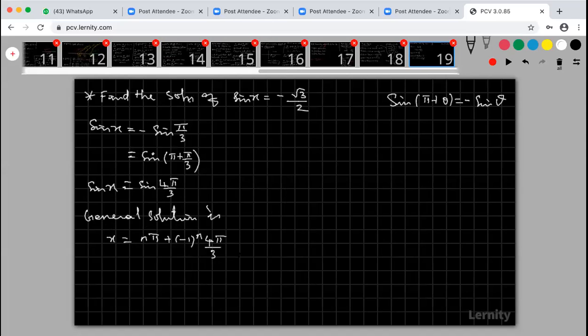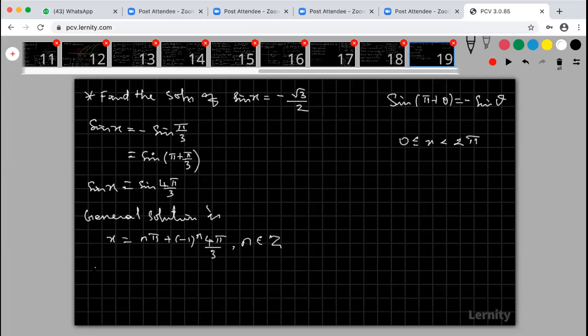If you want the principal solution, apply n is equal to 0. Minus 1 to the power 0 is plus 1, and this is 4π/3. This 4π/3 belongs to the interval 0 less than or equal to x less than or equal to 2π.